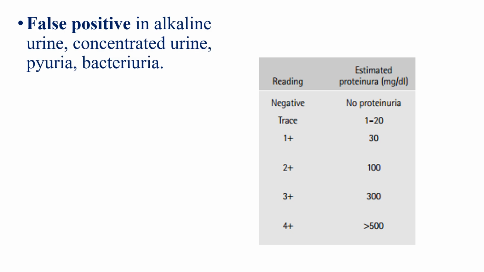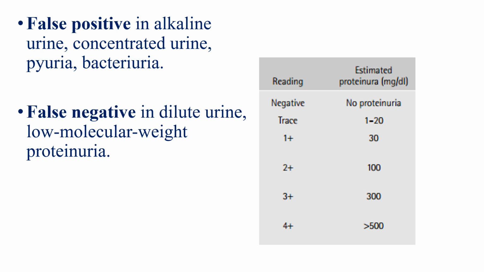False positive in alkaline urine, concentrated urine, pyuria, and bacteriuria. False negative in diluted urine and low molecular weight proteinuria. If urine dipstick says +1, it shows the proteinuria is around 30 mg per dl, +2 shows proteinuria of 100 mg per dl, +3 is 300 mg per dl, +4 is greater than 500 mg per dl.